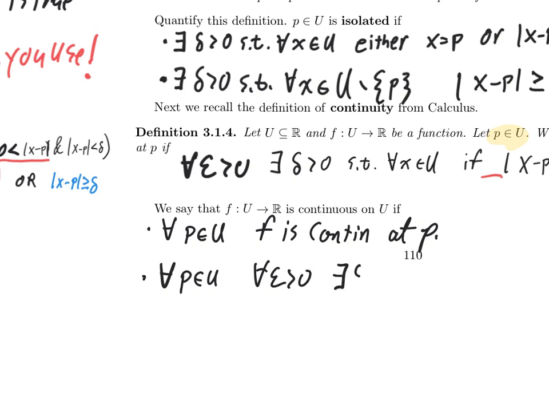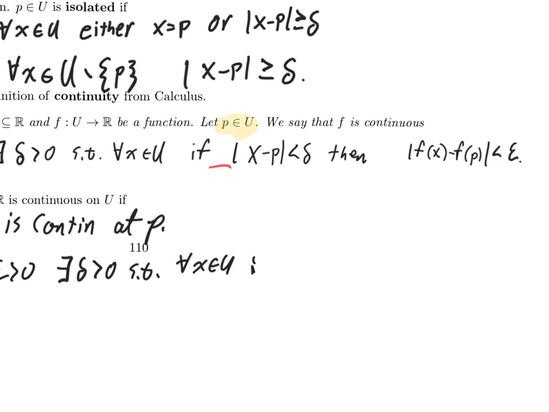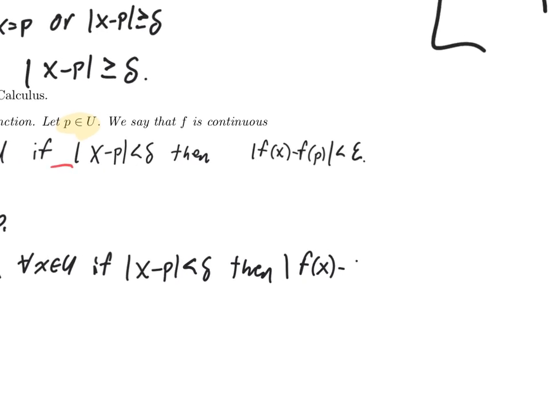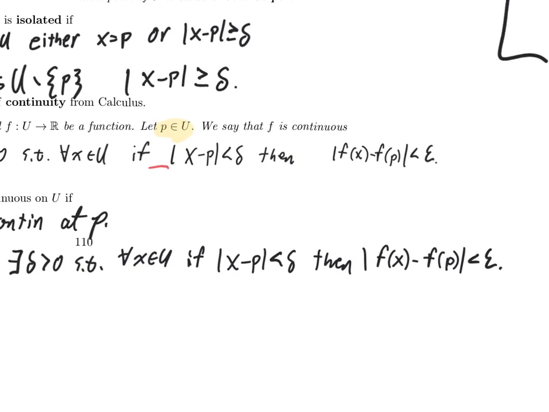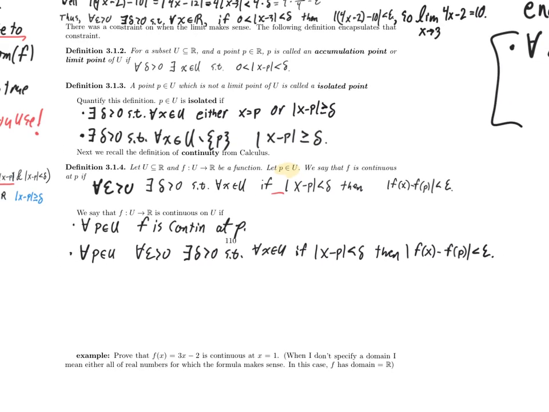There exists a delta bigger than 0 such that for all x in U, if absolute value of x minus p is less than delta, then absolute value of f of x minus f of p is less than epsilon. Cool.